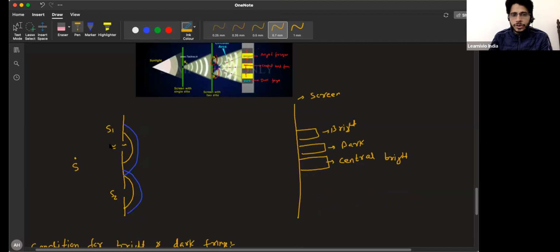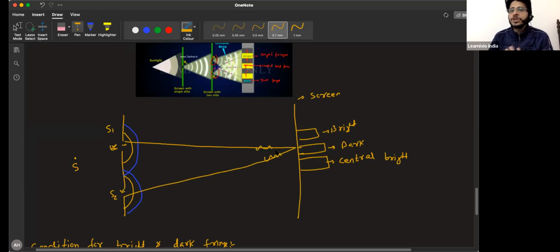So I have the equation of wave from this source and from this source. Now I need the equation of the wave at this fringe when these two waves superimpose. The waves from both sources will superimpose at this point.